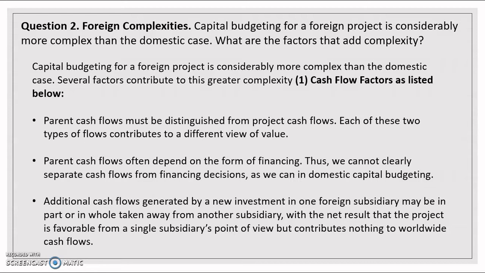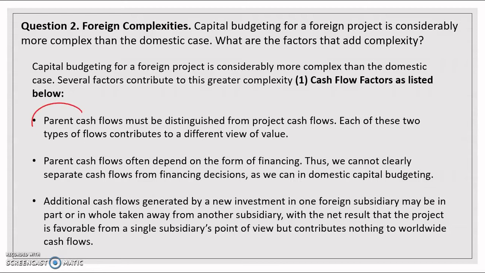The factors can be broadly outlined under cash flow factors and under managerial expectation factors. Okay, so the first cash flow factor, the first characteristic that makes it a little complicated for firms to manage multinational capital budgeting, is how to distinguish parent cash flows from project cash flows.